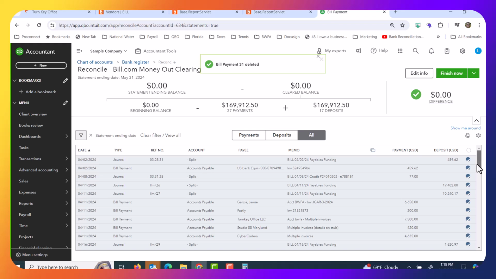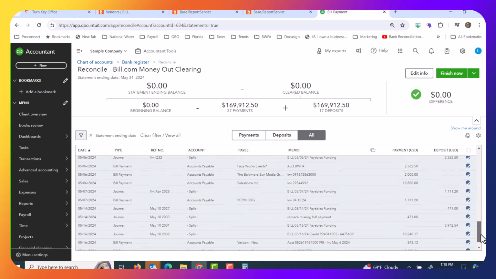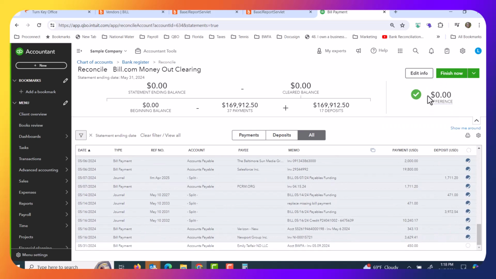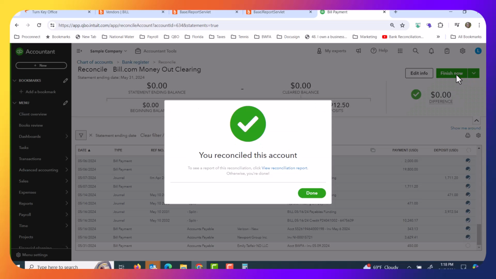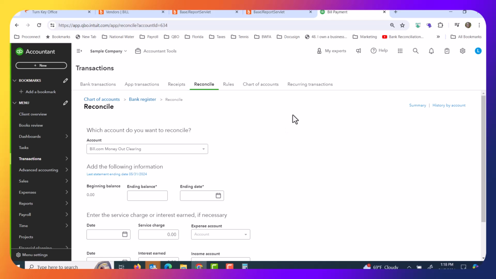It's an errant entry. We've got it out of the register now, and we can resume reconciling to zero. So now we've got our Bill.com account at a nice neat zero, except for current transactions, which we're not going to worry about now. And we will finish that. Again, we don't want to post any reconciliation discrepancies here. We want to resolve those discrepancies.